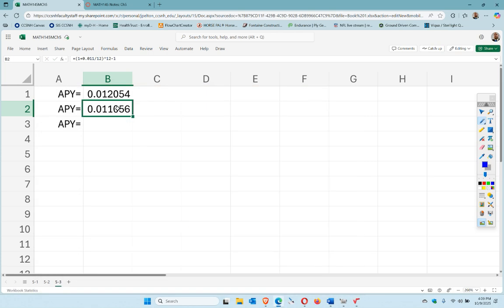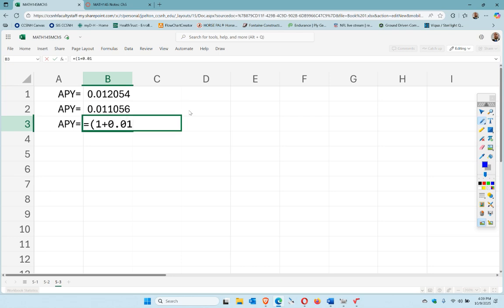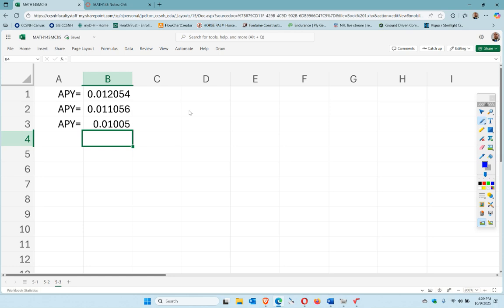That minus 1 has to happen afterwards. The last one, Concord Bank, is 1 plus 0.01 divided by 365, correct? That's 1% over 365 days, to the 365, and then minus 1, not in parentheses. So those are the decimal values.